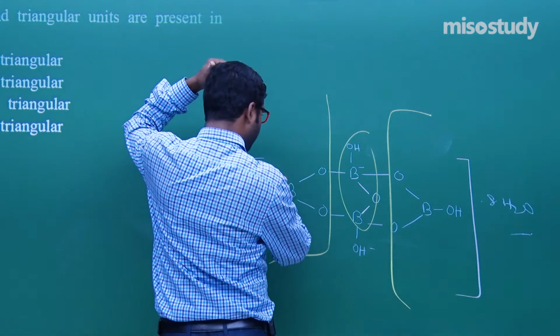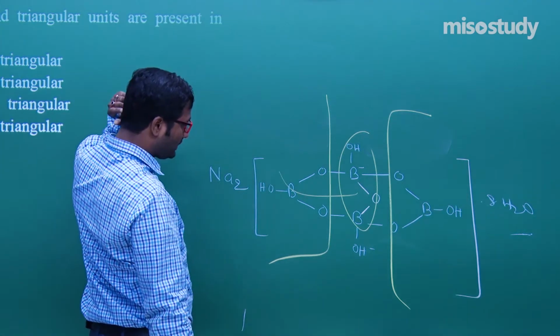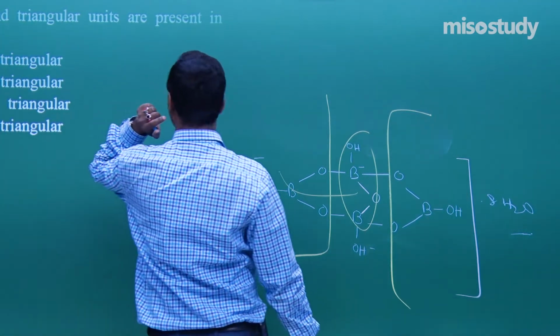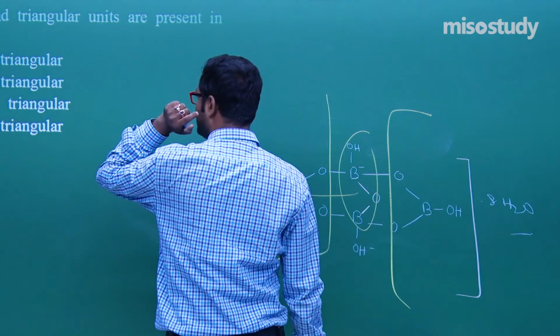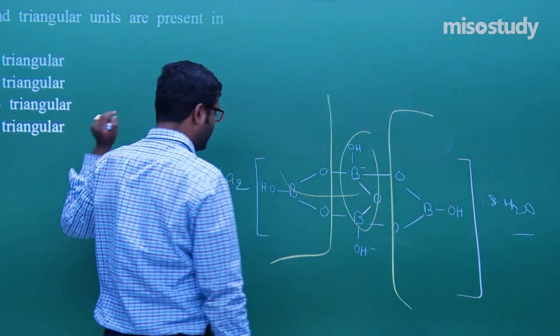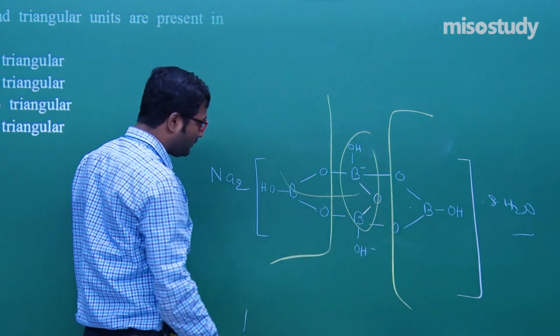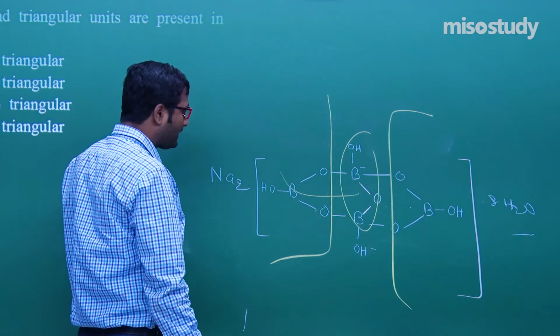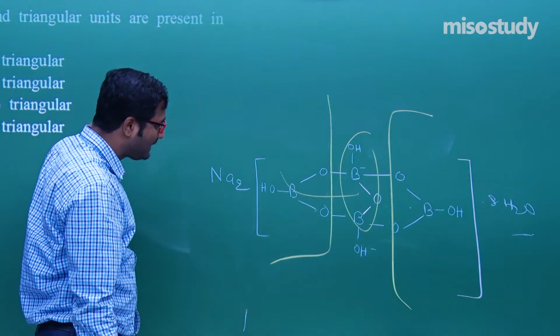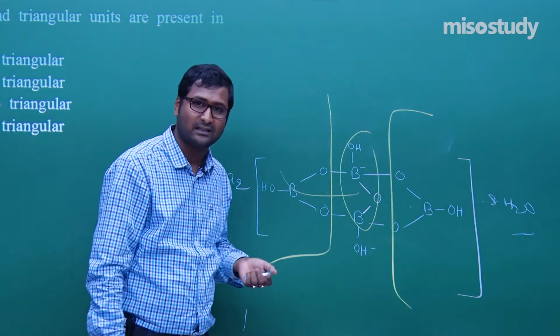We can easily consider this one also. So by using the structure, we can say there are 2 tetrahedra and 2 triangular units. Clear to you? First one directly visible, 2 here, one more triangular units are there. So that is 2 tetrahedra, clear friend, and 2 triangular units.